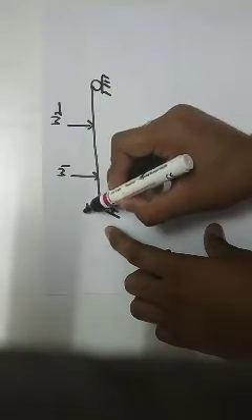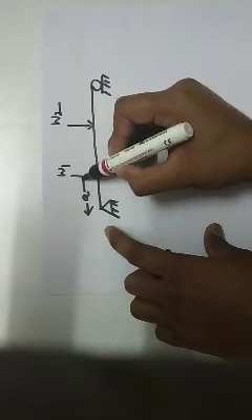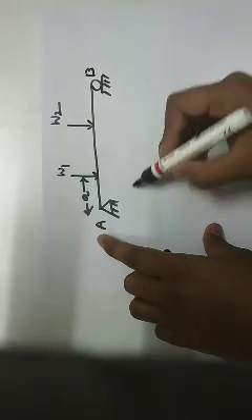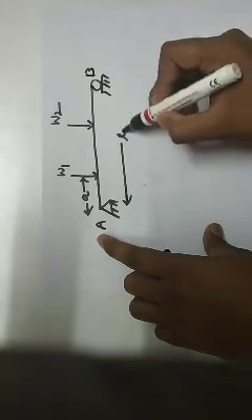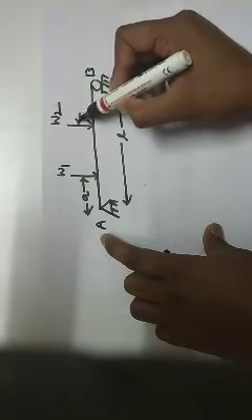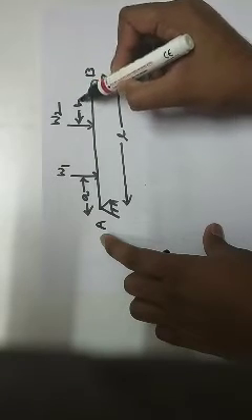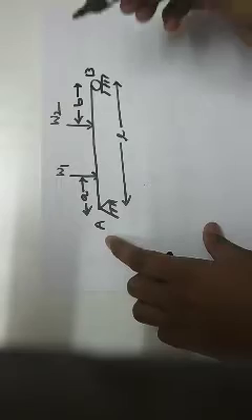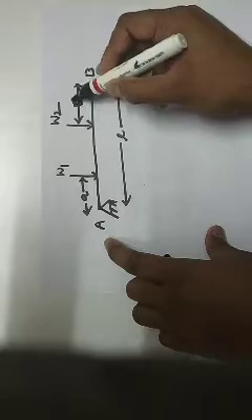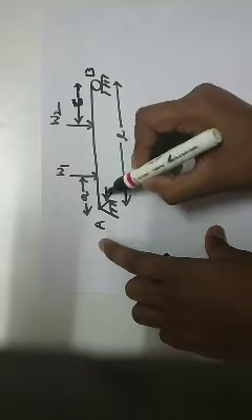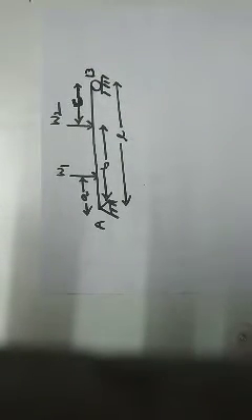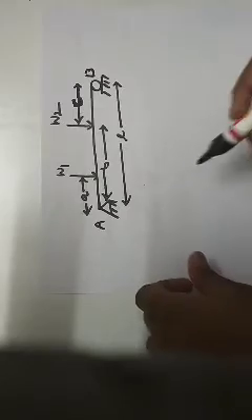The distance of W1 from end A is a, so this is point A and this is point B. The beam is AB and the length of the beam is L, and the distance of load W2 from end A is b. This is point C and this is point D.